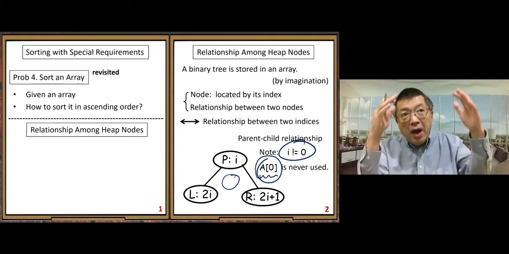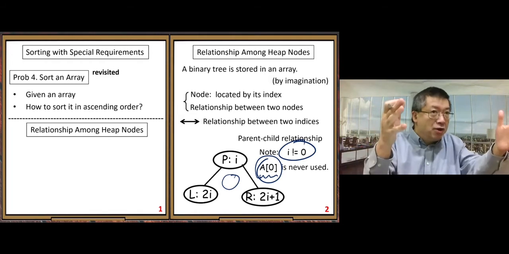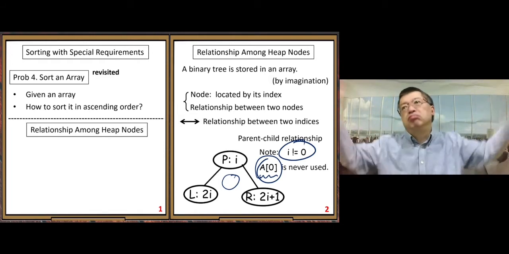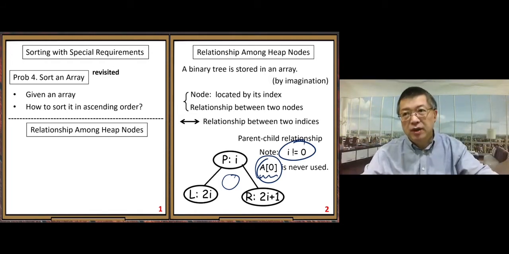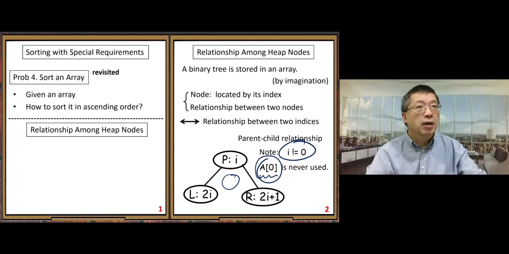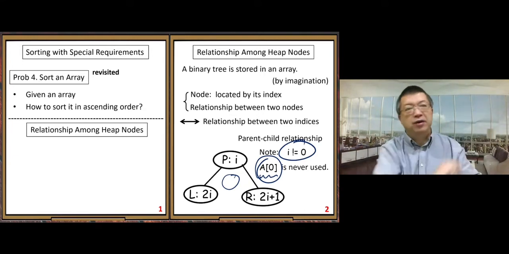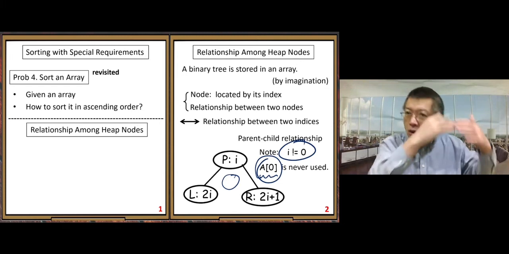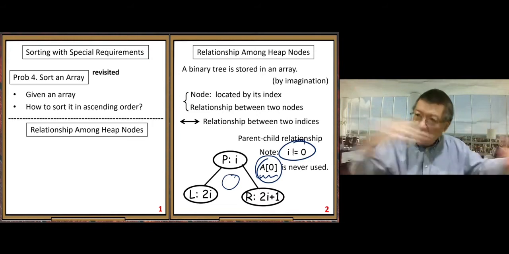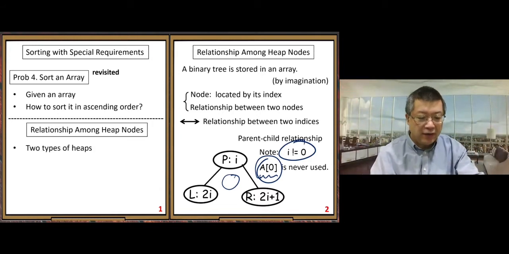We define parent-child relationship, but for the values stored in these nodes, we do not say anything. But next, we need to look at the value part to do the ordering. Order the values in the array. All right, so let's look at that.